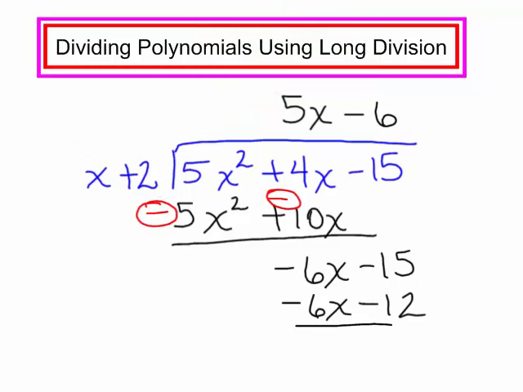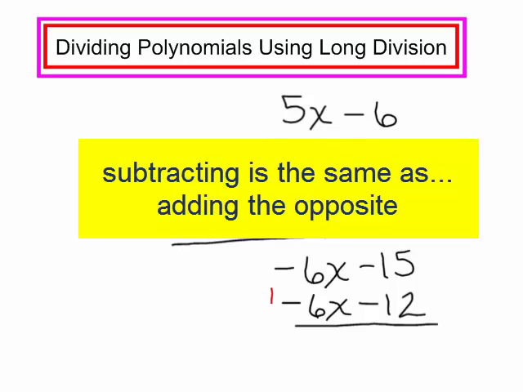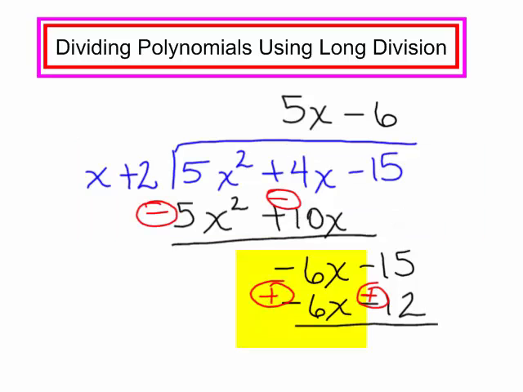And we will subtract, which means you're going to change those signs. Negative 6x and a positive 6x is 0. Negative 15 and a positive 12 is negative 3. We have a remainder.